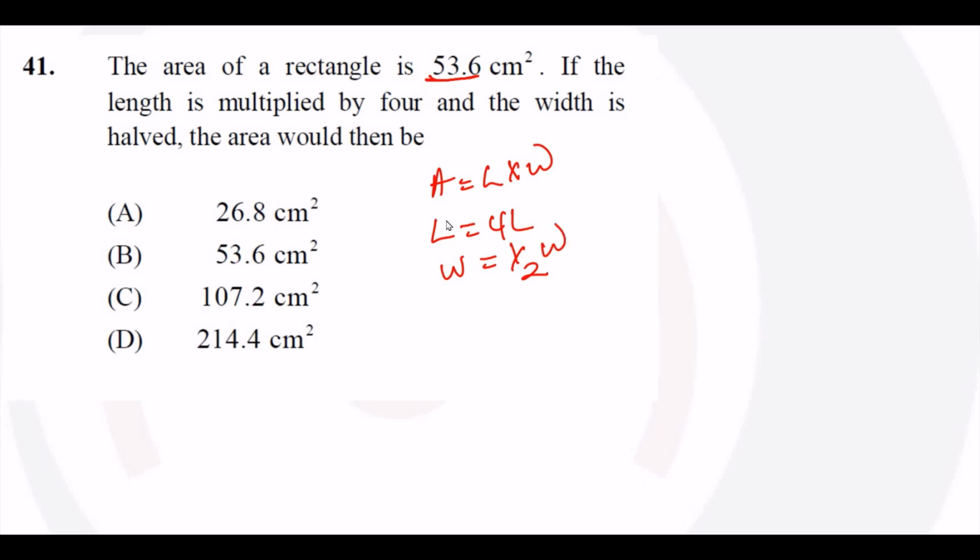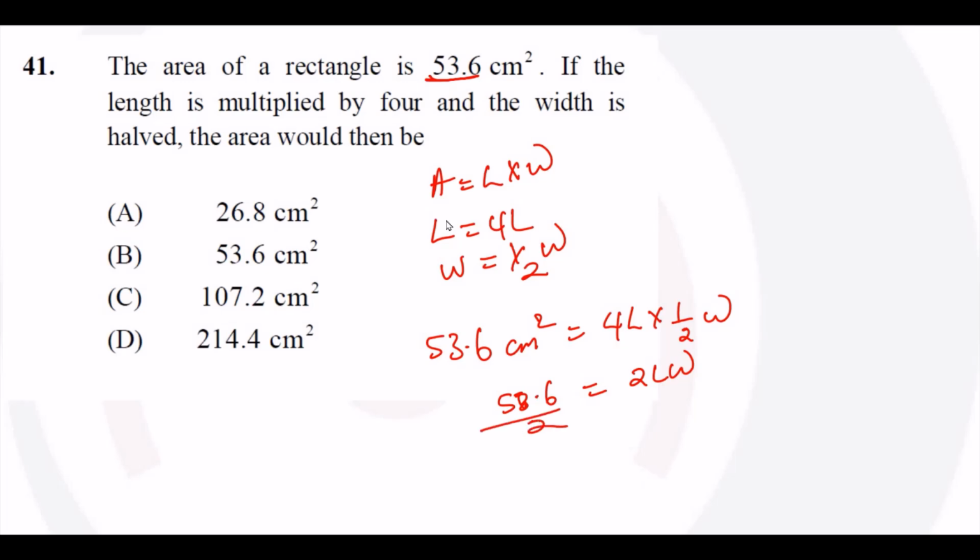So area is going to be 53.6 centimeters square, which is equal to length times width, which is 4L times half W. So that gives us 2LW, and then 53.6, we're going to divide by 2 on both sides.